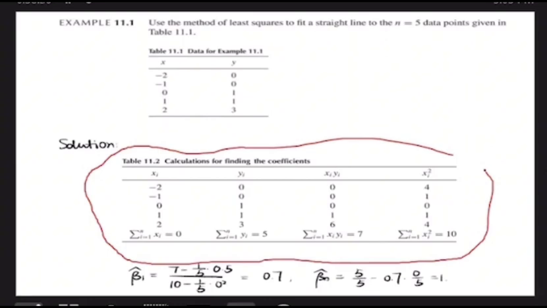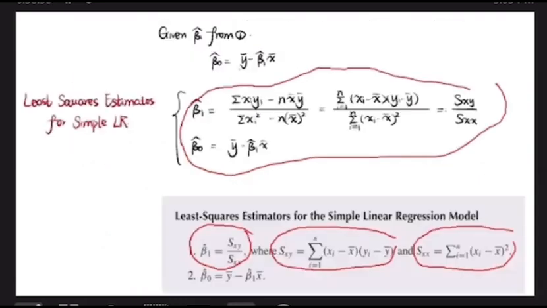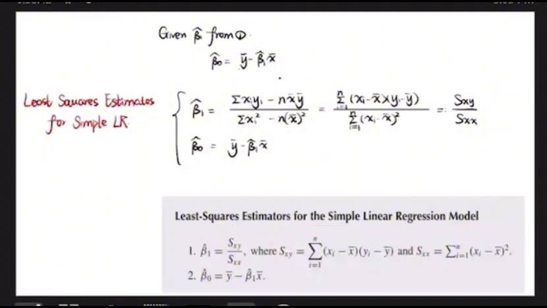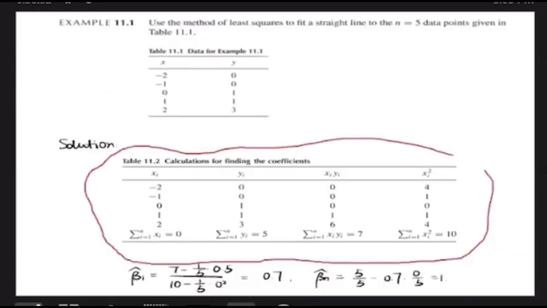Now you want to get beta 1. You can actually see here, okay, if you go back to the formula, we want to use this now. Okay, now the sum of xy is 7. You see that, right? The sum of xy is 7.